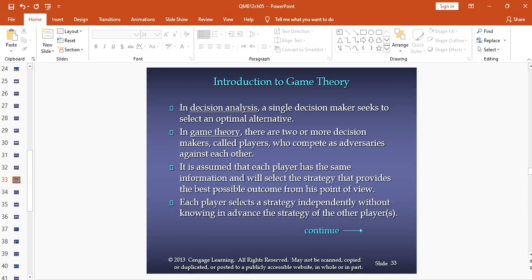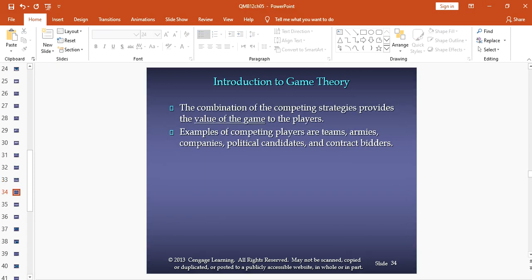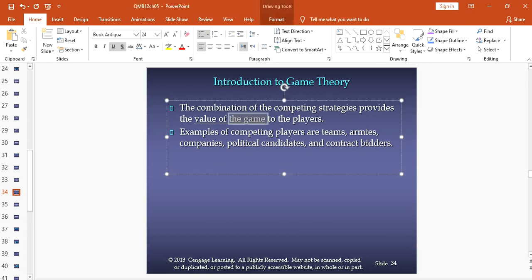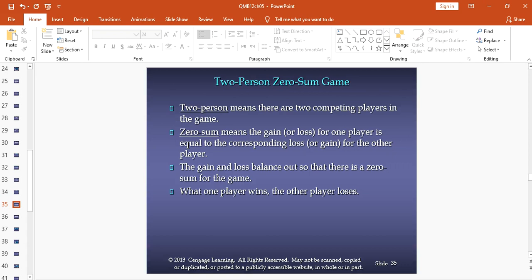So both have the same information, and they select their strategies independently, without knowing in advance. I'm sorry for that, it's another case, it was in my mind. The combination of the competing strategies provides the value of the game, okay, to the players. We will have examples and you will understand what these are.